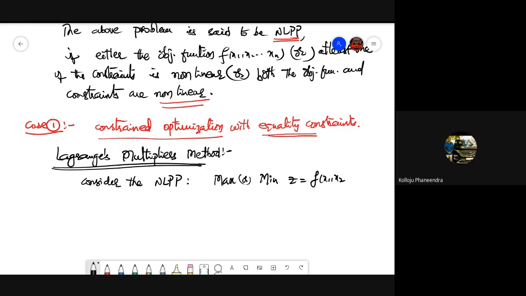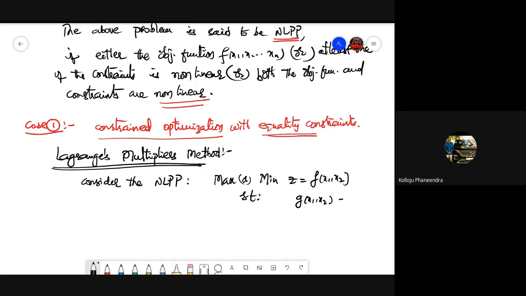Let me consider an equality constraint with many variables, like x1, x2, ..., xn. Let me consider one constraint. Okay, Lagrange's multipliers method, let me explain. Subject to the constraint g of x1, x2. Let me explain the problem with two variables. That is very easy, and then you can understand how to extend this.